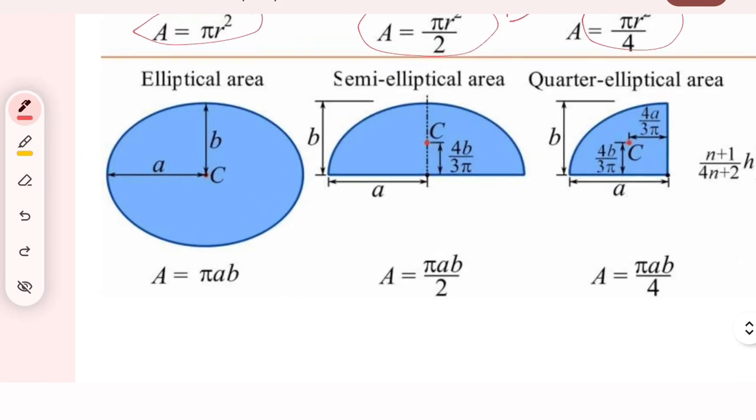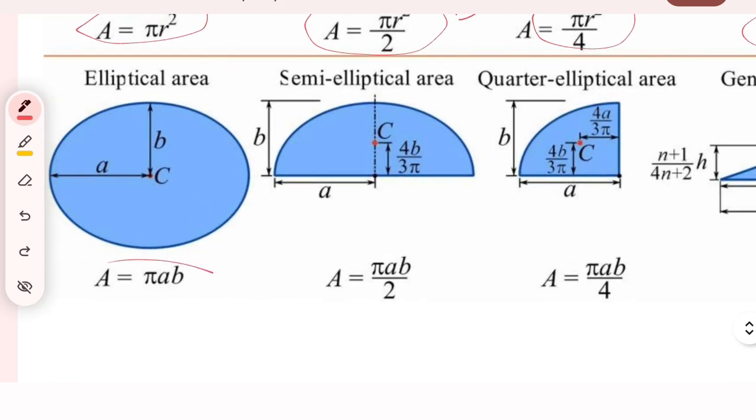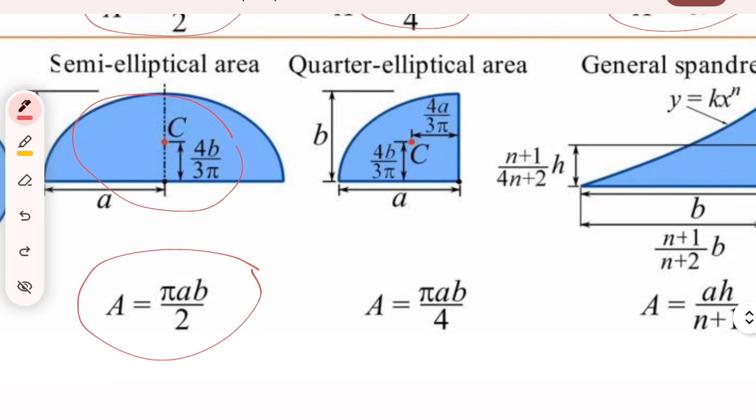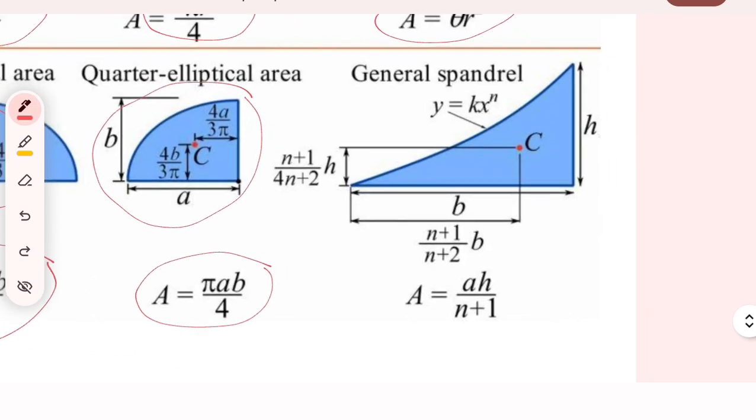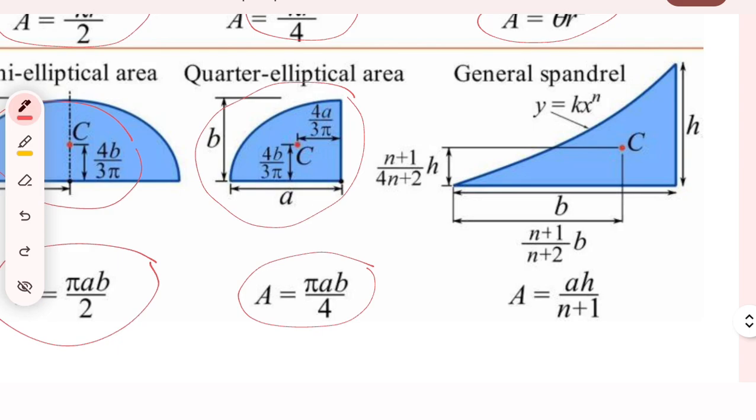So we also have an elliptical area. An elliptical area has this area, and the centroids are given with that. For a semi-elliptical area, if it's something like this, remember that formula. For a quarter elliptical area, that's the area, and the location of the centroids are there. And if you are given a general spandrel, you have the area of a general spandrel, and the location of the centroid of that spandrel is given with the equations over here.